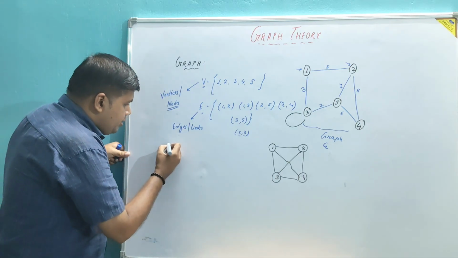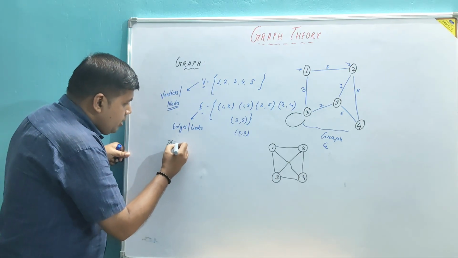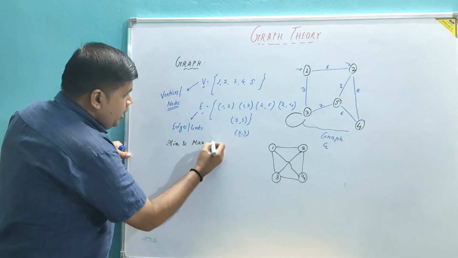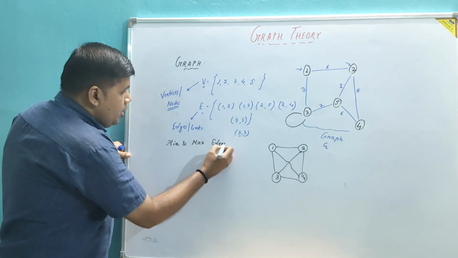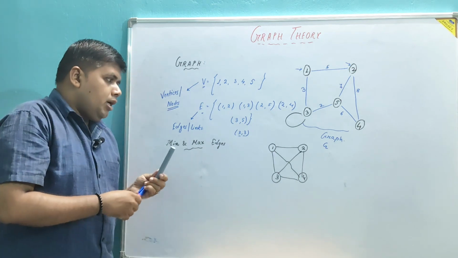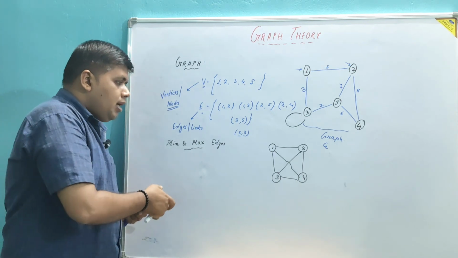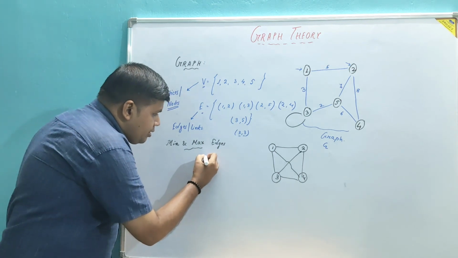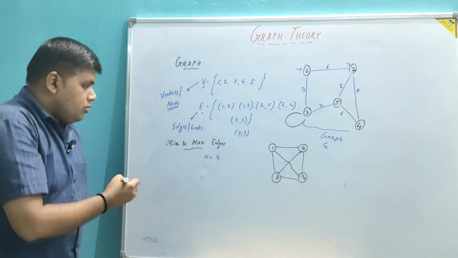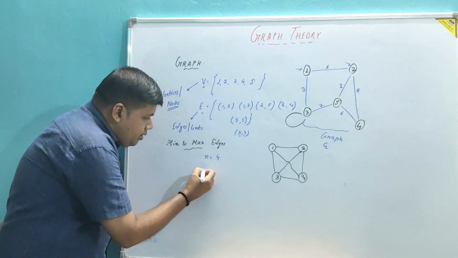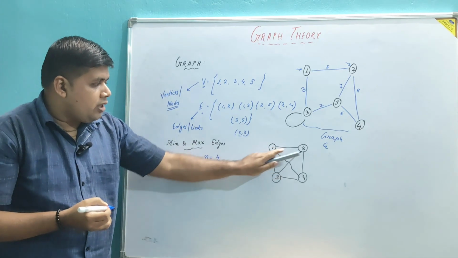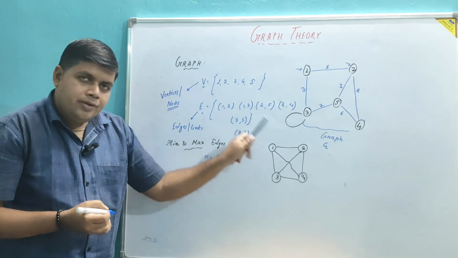Now, minimum and maximum edges. For example, in this case, let us identify total vertices by n. Total vertices are 4. So how many edges will be there? There are 6 edges: 1, 2, 3, 4, 5, and 6.